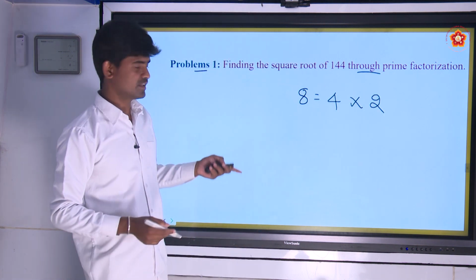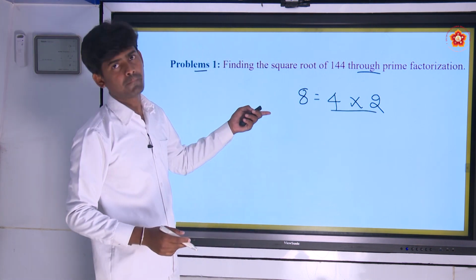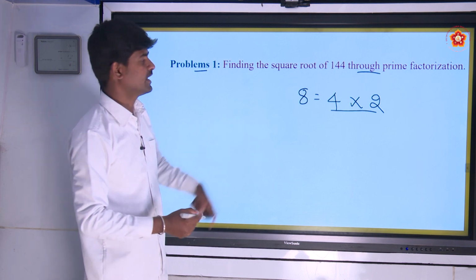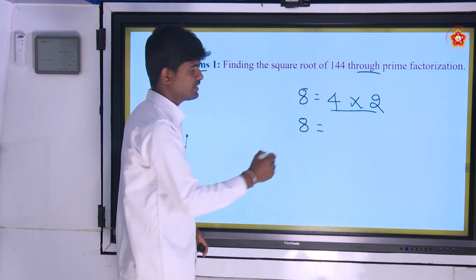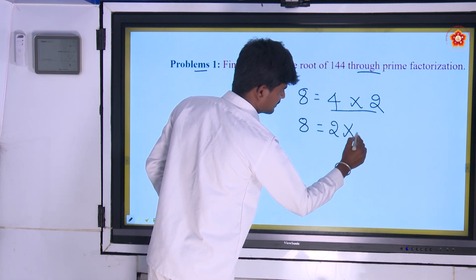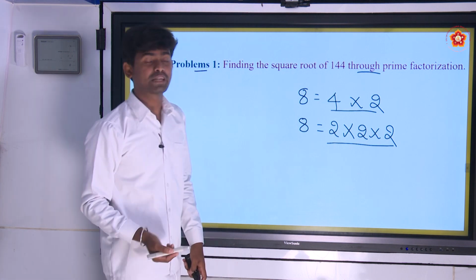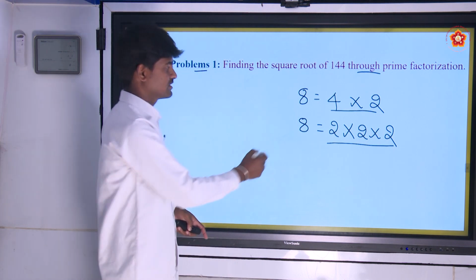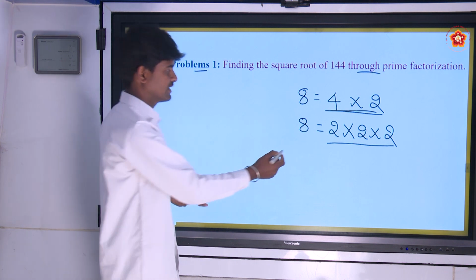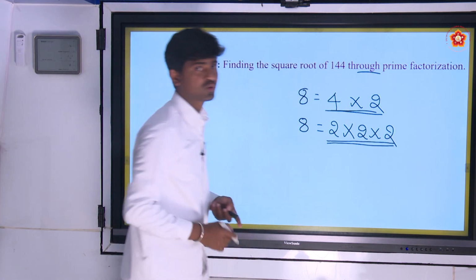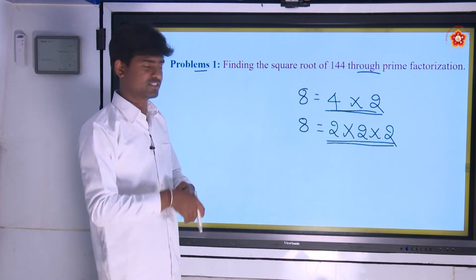These are the factors. It can be written in prime factors: 8 is equal to 4, which can be written as 2 into 2, so 2 into 2 into 2. These are the prime factors of 8, the product of these factors. Expressing a number as a product of prime factors is called prime factorization.